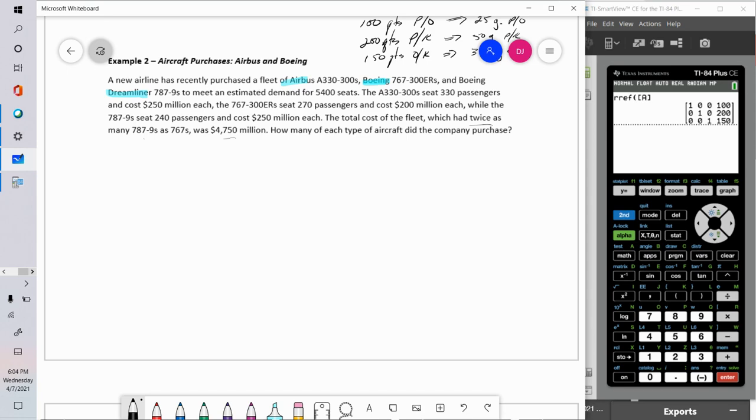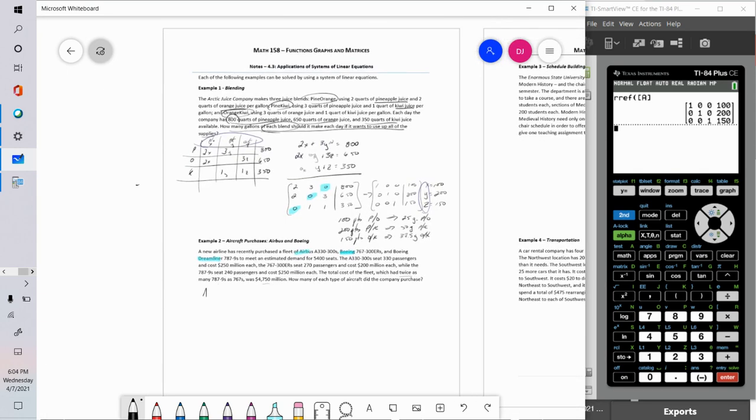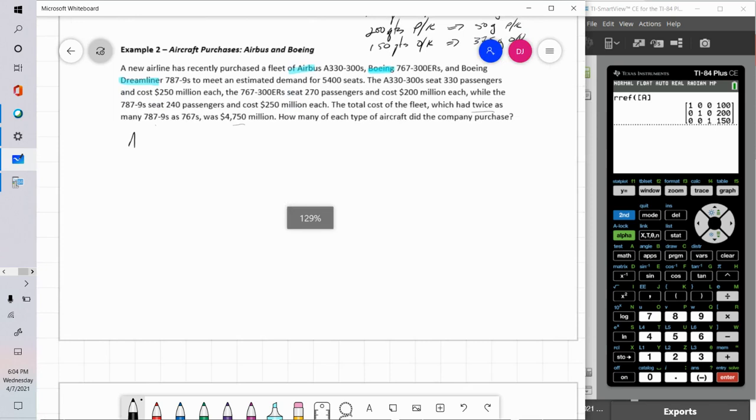How many of each type of aircraft did the company purchase? What I'm going to use is A, B, and D: Airbus, Boeing, Dreamliner, to try to simplify this. Now the Airbus, remember, it says that it will seat 330 passengers.